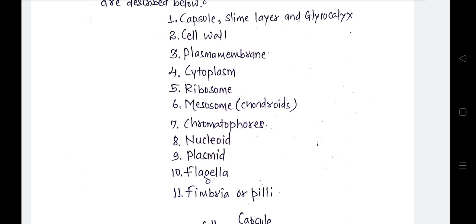The external components comprise the capsule, slime layer, glycocalyx, flagella, pili, whereas the internal components of a bacteria show the cell wall, plasma membrane, cytoplasm, ribosome, mesosomes, chromatophores, nucleoid (the equivalent of a nucleus), plasmid, etc.